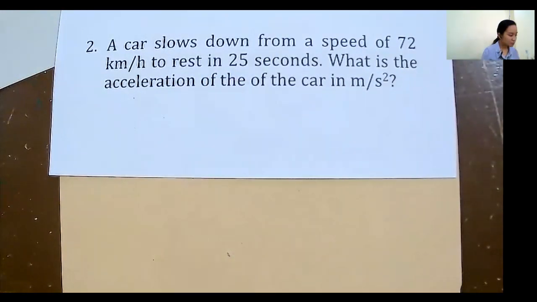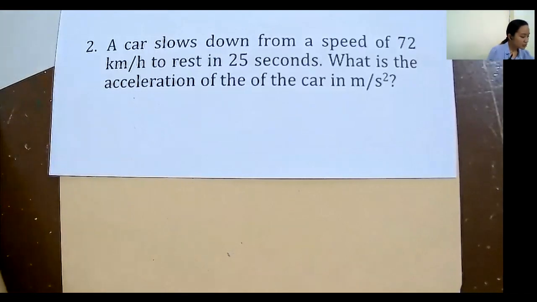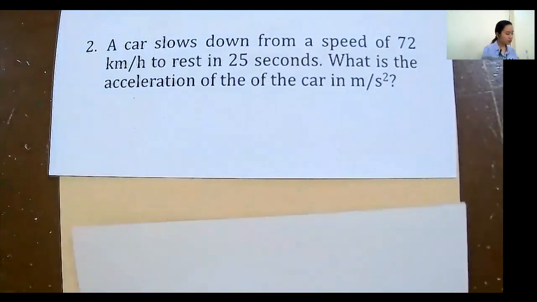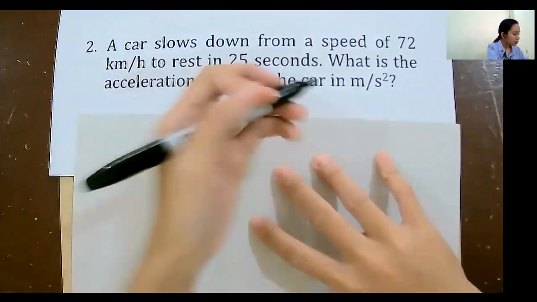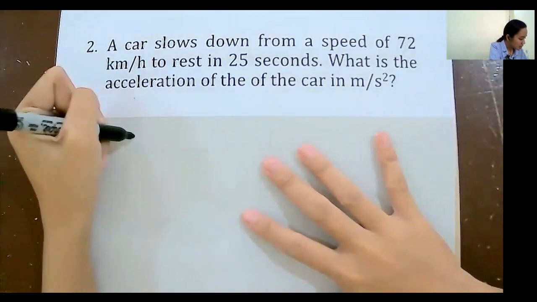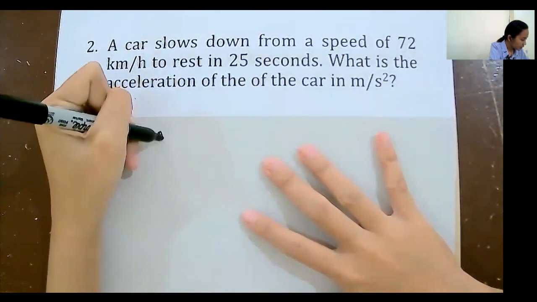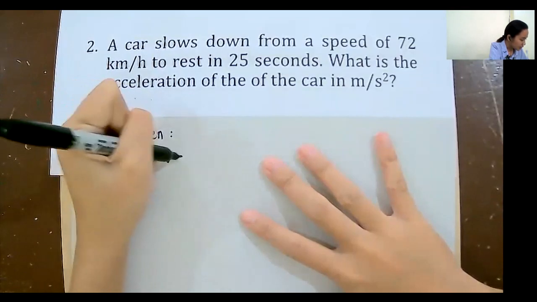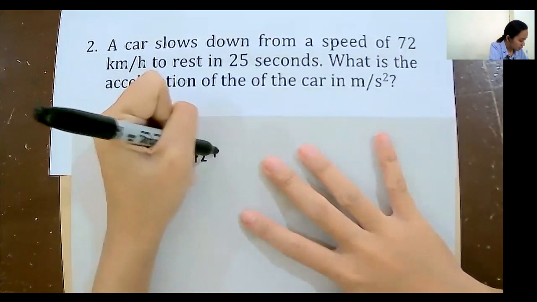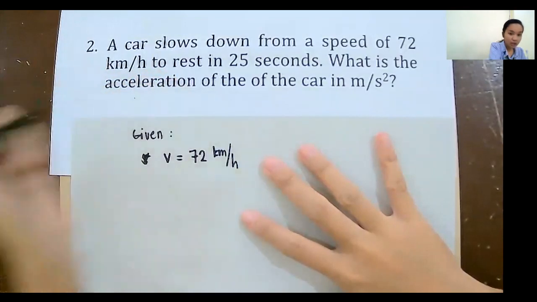Your problem is: a car slows down from a speed of 72 km per hour to rest in 25 seconds. What is the acceleration of the car in meter per second squared? So here your given is a speed of v equal to 72 kilometer per hour.